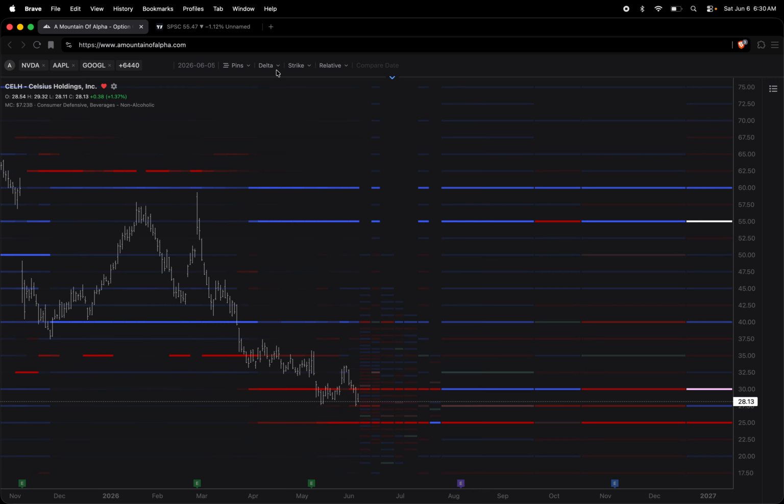And okay, maybe 25 is kind of the area we want to think about putting the trade on. But that's going to have to coincide with much higher VIX, hopefully above 25, right? Maybe give it some time. See how VIX reacts to 25, and you'll have plenty of time to put this trade on, even if you're at 25 and it rallies back up to 27.50 or whatever, even 30, right?